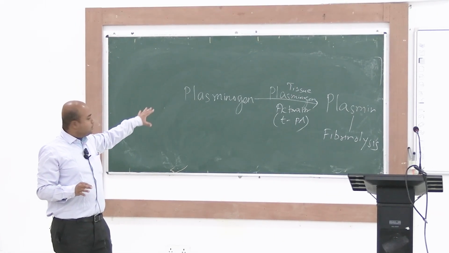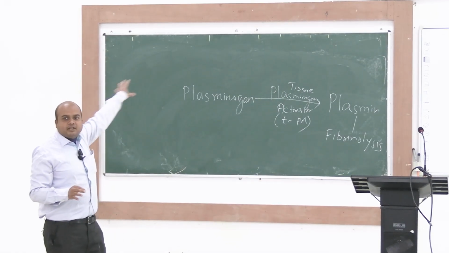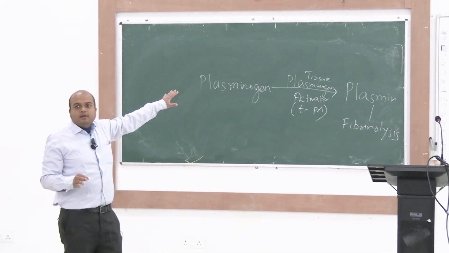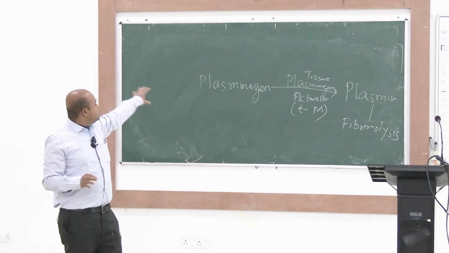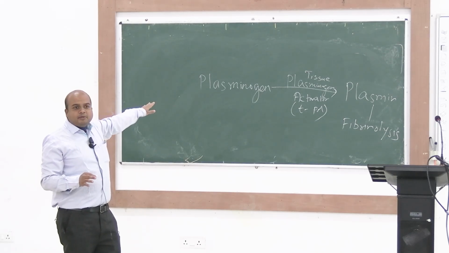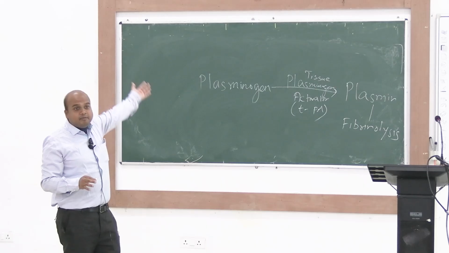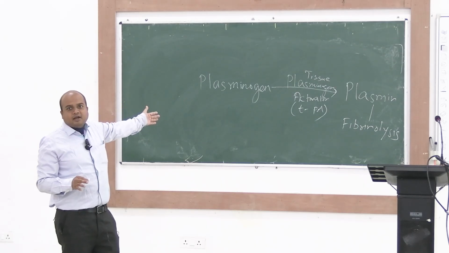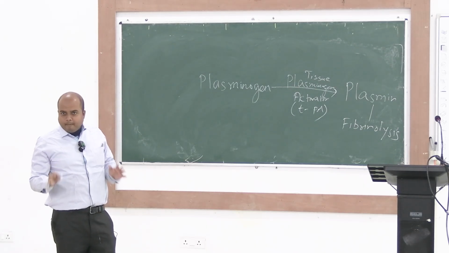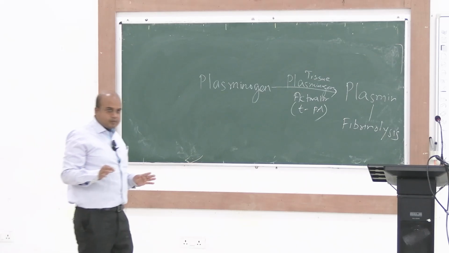Plasminogen, plasmin, fibrinolysis. If plasminogen cannot be converted to plasmin, then it is going towards pro-coagulation. Tissue plasminogen activator will convert plasminogen to plasmin. If something inhibits tissue plasminogen activator, then fibrinolysis is being hampered, at least to some extent.